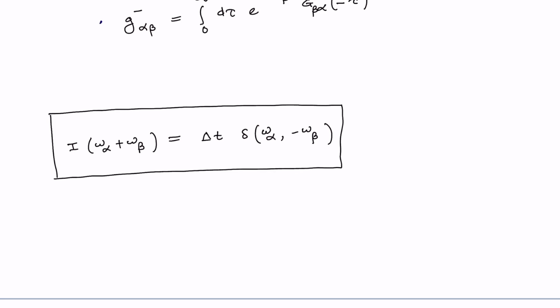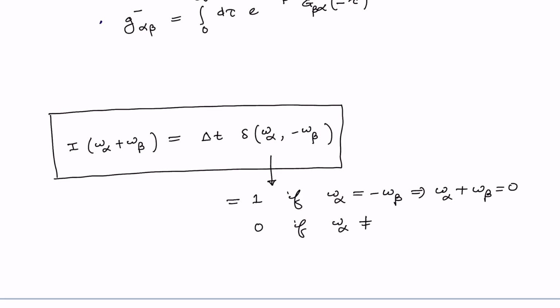We can use the Kronecker delta notation here, because as you know, the Kronecker delta of omega alpha and minus omega beta means that this is equal to 1 if omega alpha is equal to minus omega beta, which means omega alpha plus omega beta is equal to 0, and this is equal to 0 if omega alpha is not equal to minus omega beta.